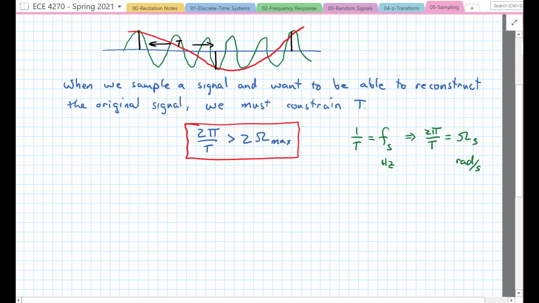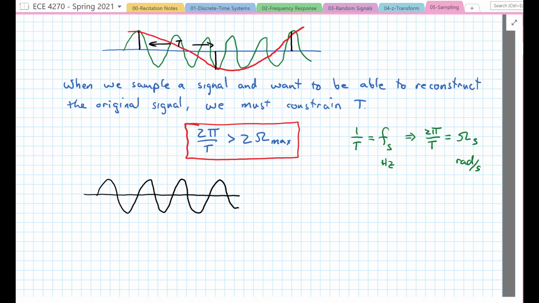Okay, another thing to note is that we must be at greater than twice the highest frequency. So I'll just draw a quick little example here and show kind of why that is. You pretend that's a perfect sinusoid, and this will be a lot more pleasant for everybody.